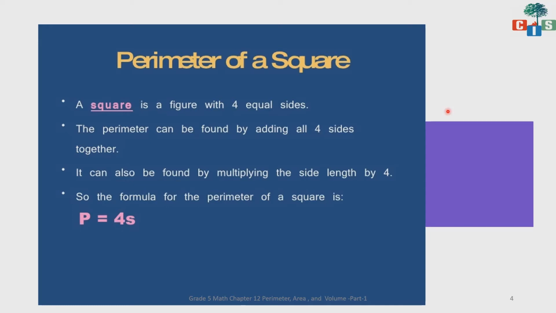When we add all four sides, we will get the perimeter of the square, or else we can find it by the formula P equal to 4s. Why 4? Because a square has 4 equal sides. When we multiply its side with 4, we will get the perimeter of that square. Now scholars, we will see perimeter of a rectangle and then a few sums related to it.